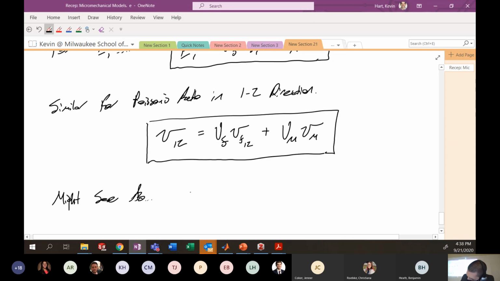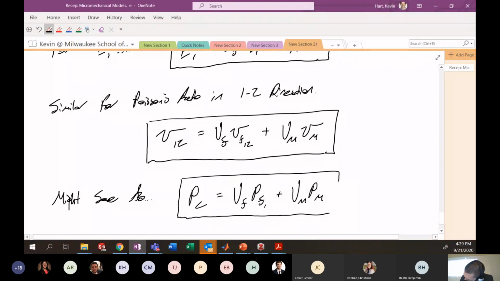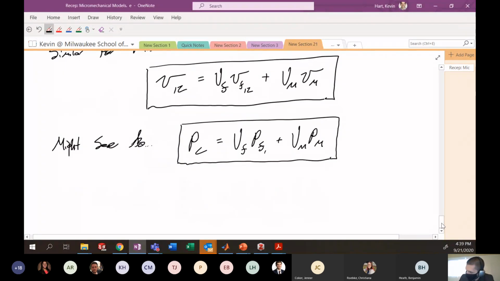So you might see it as the following. The property of the composite is the volume fraction of the fibers times the property of the fibers in the one direction plus the volume fraction of the matrix times the property of the matrix. This is the most general form of what is known as the rule of mixtures, where this P here stands for property.